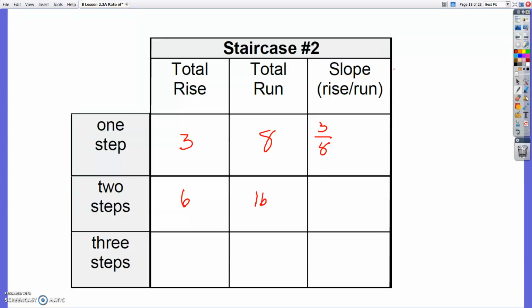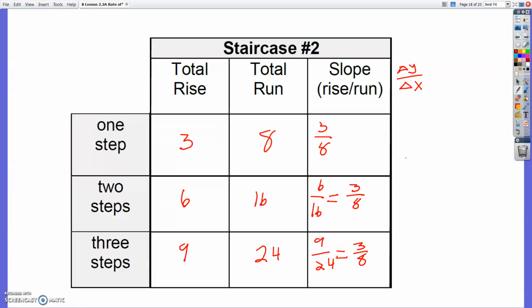So remember, we're looking at rise over run, which is change in y over change in x. That would be 6 over 16, which is equivalent to the ratio 3 over 8. And finally, my third step would be 3 more up, which is 9, and 8 more over, which would be 24. And if I were to write that as a ratio, 9 over 24 would be equivalent to 3 over 8.